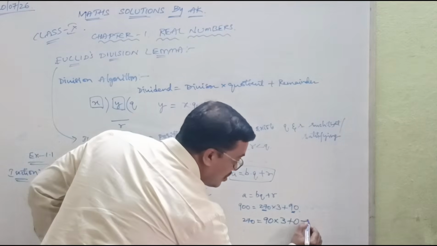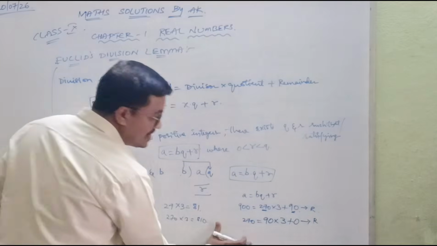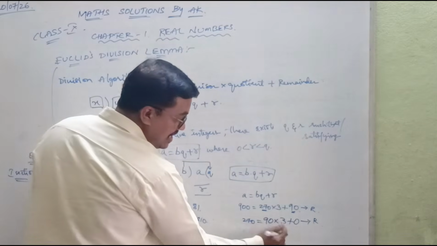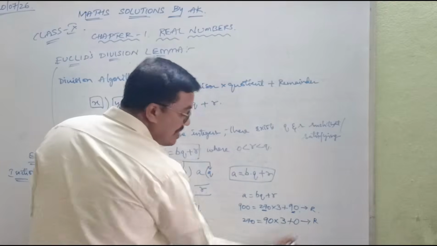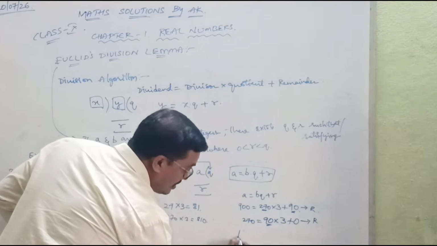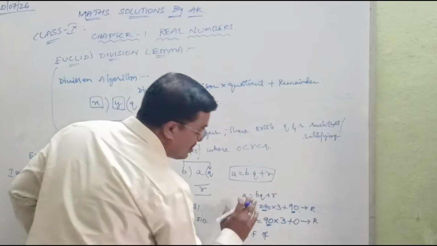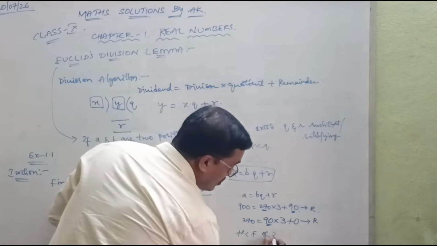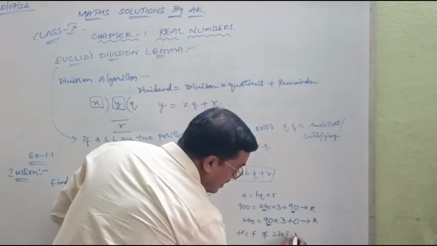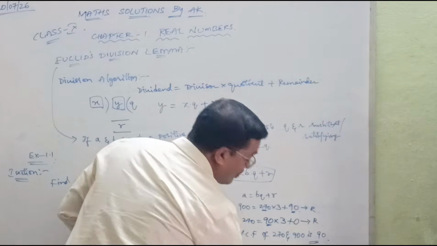Before, 90 was your remainder, which means the process continued. Now at this stage remainder 0 is approached. So the divisor at this stage is the HCF: the HCF of 270 and 900 is 90. That is your conclusion.